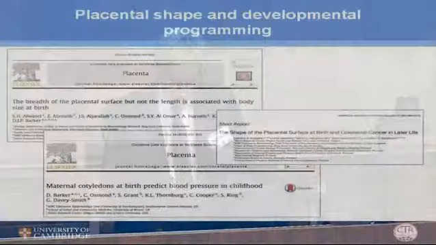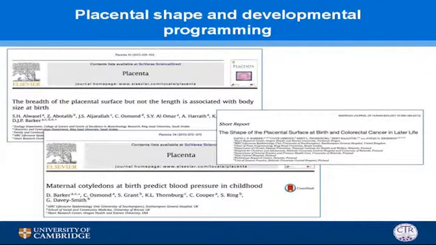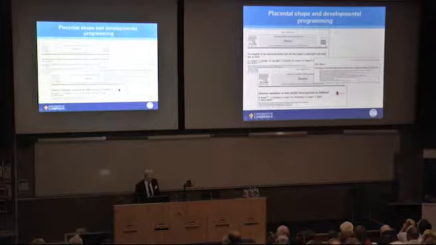So I think David's work on that nutrient flow has certainly stimulated research in this area. I want to just move on now, as time is short, just to consider his later papers relating placental shape to the incidence or the risk of adult disease in a variety of different conditions, from cancer to blood pressure, as we know.